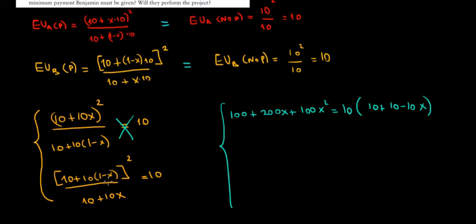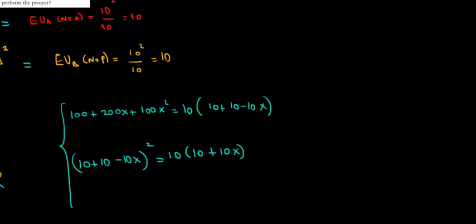Let's do the same over here. If we open these brackets, that would be (10 + 10 - 10x)^2 equals 10 times (10 + 10x). And let's do the cross product as well. This is mainly a mathematical question now, so it's going to be pretty mechanical, but it's the way it is.